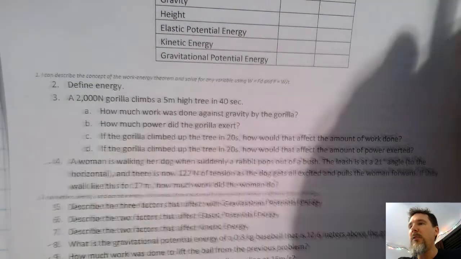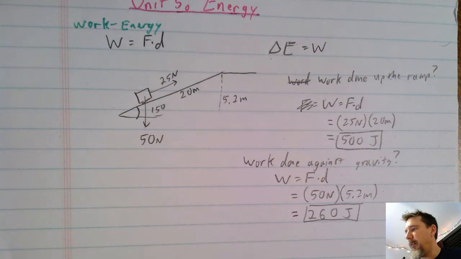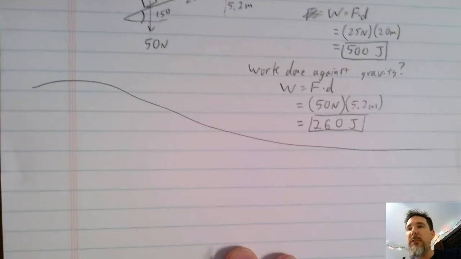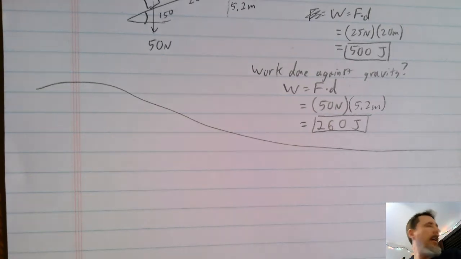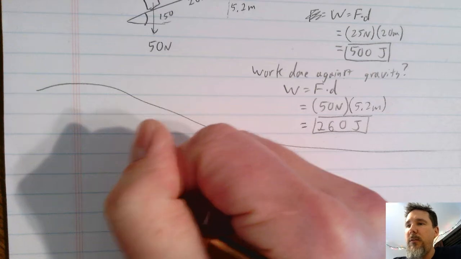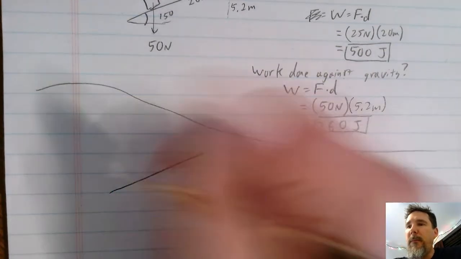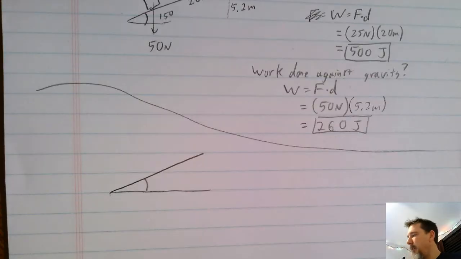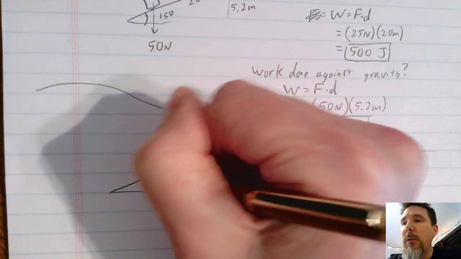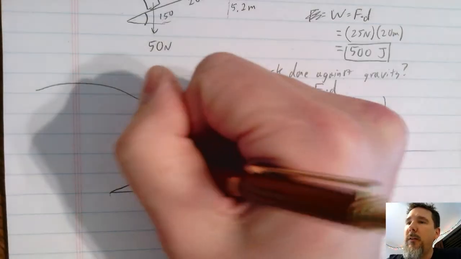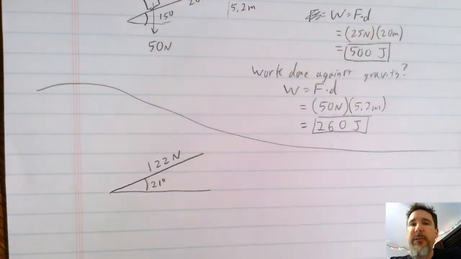All right. So now you have to understand, if you could picture this, we have a situation where the leash is being pulled at a 21-degree angle, and there is 122 newtons of force on that leash.